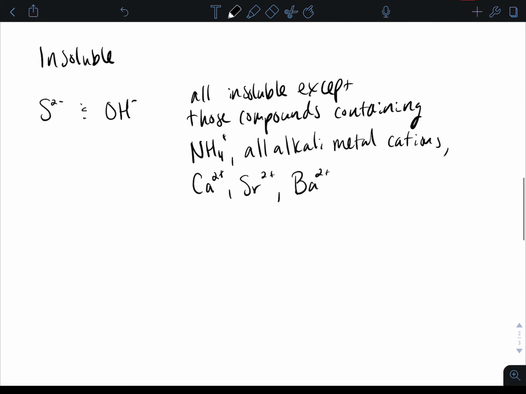Next one is going to be carbonate and phosphate. And you can see here our insoluble ones are in general smaller and more highly charged.